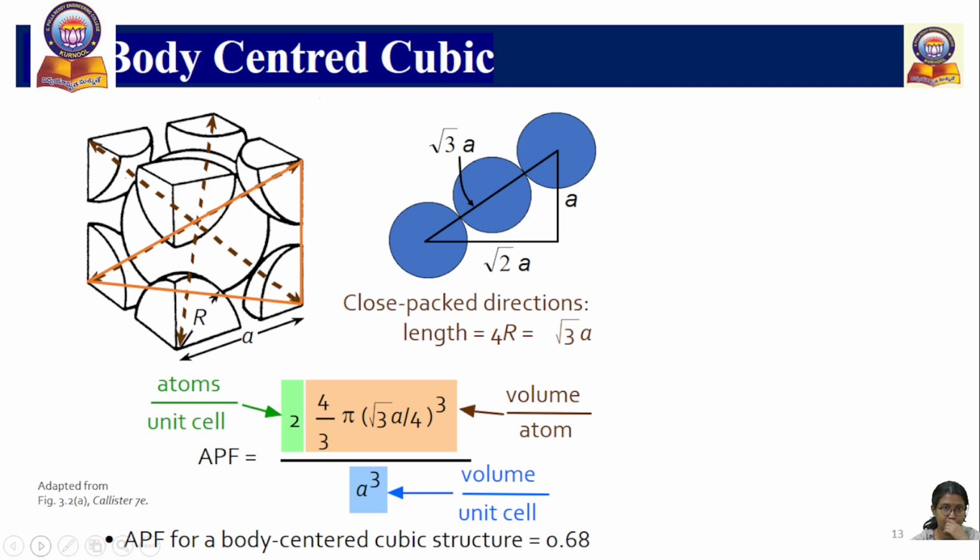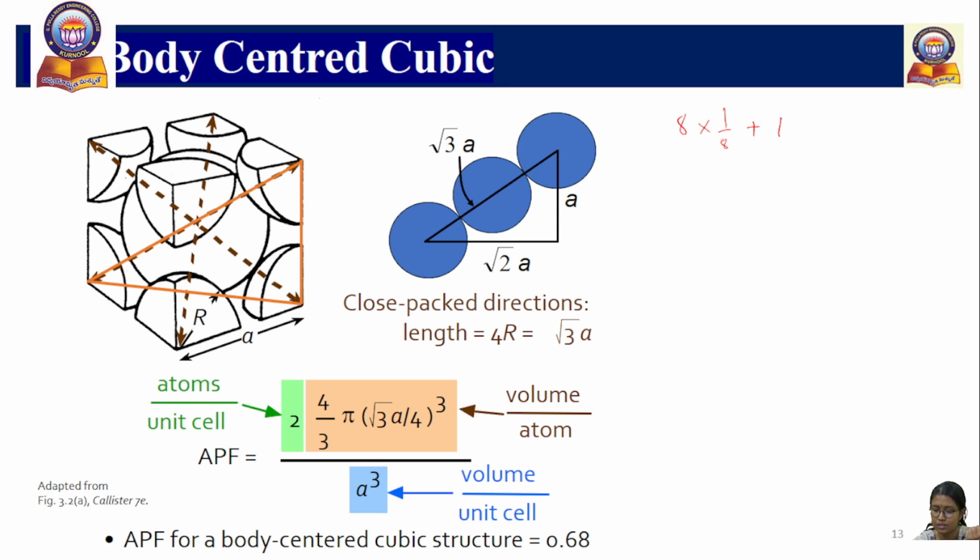Yes, so this is body centered cubic. We have lattice points in the corners. How many corners are there? 8 corners. Each corner is shared with 8 adjacent unit cells, so 8 into 1 by 8, plus the one inside the body. Is the one inside the body shared with any other unit cell?